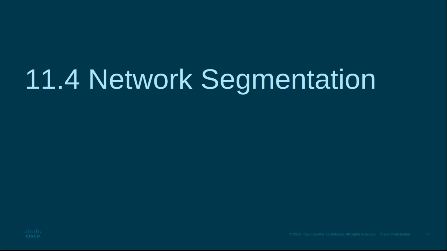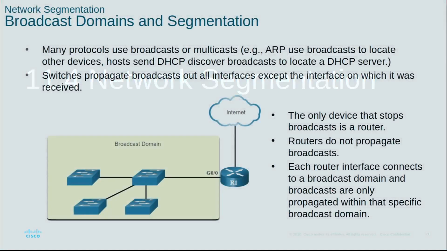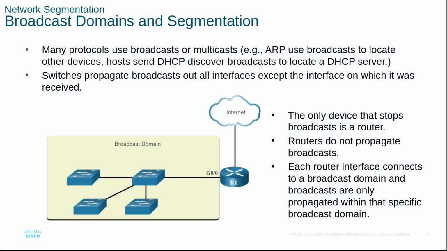So we use subnetting, which is what we're sort of leading into, to segment your network down, for many reasons, right? One of those is reducing your broadcast domain. Why would you want to do that? Well, anything that uses a broadcast or multicast packet, think like ARP or DHCP, right? That packet is received by every single device except for the one that sent it.